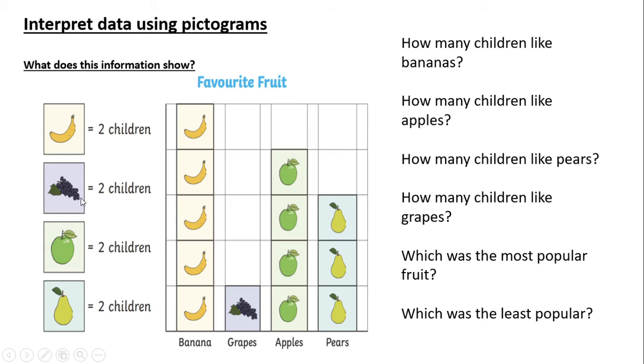How many children like apples? So 1 apple is equal to 2 children, so that would be 2, 4, 6, 8. How many children like pears? So that would be 6 children. How many children like grapes?